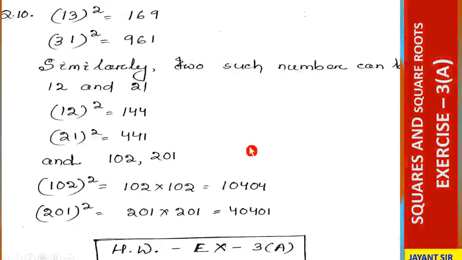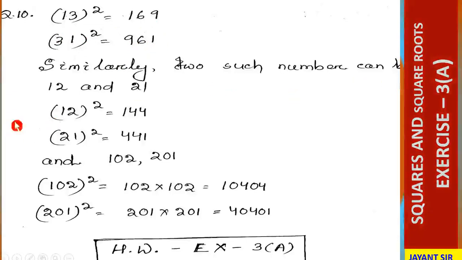Next, children, question number 10. 13 square equal to 169. I did not write the question, you go through the question. 31 square will be coming 961.